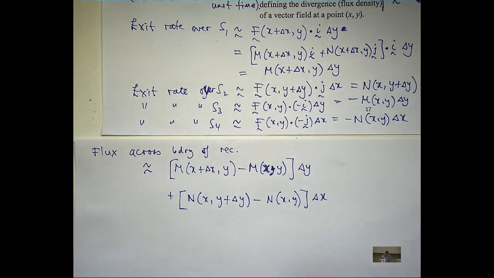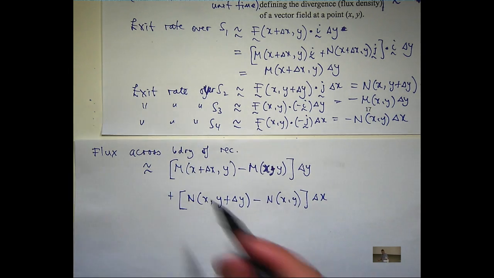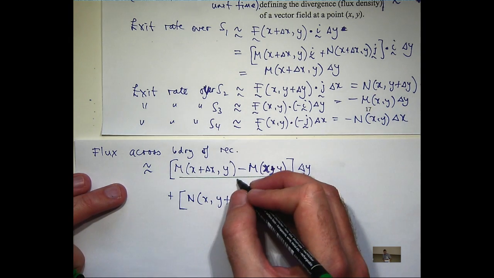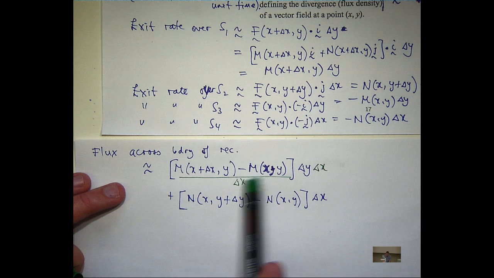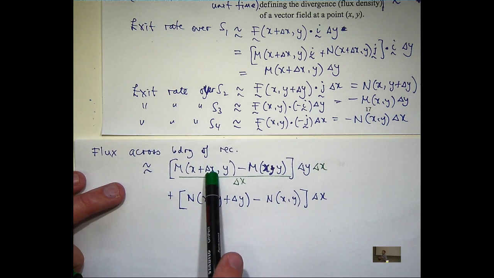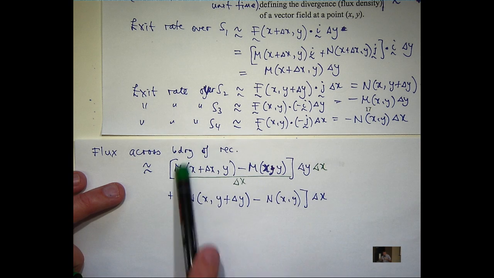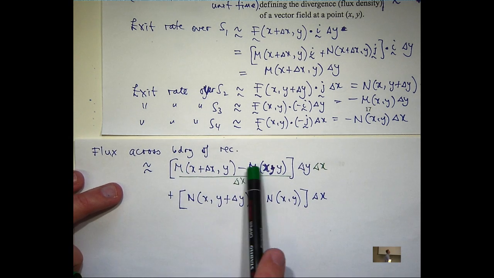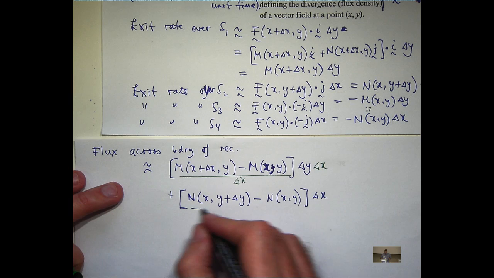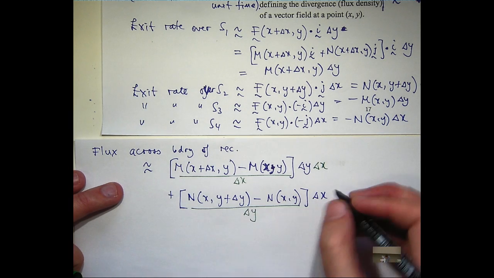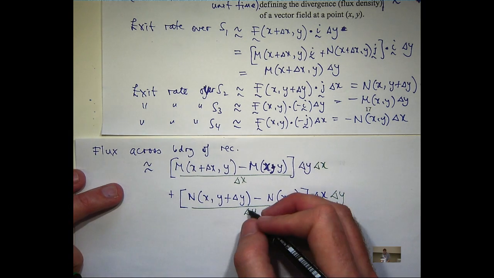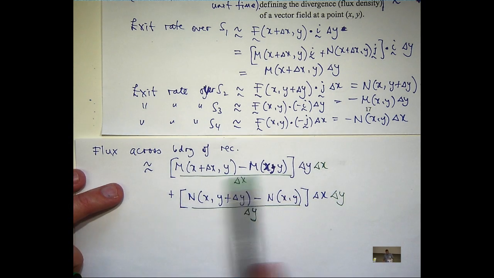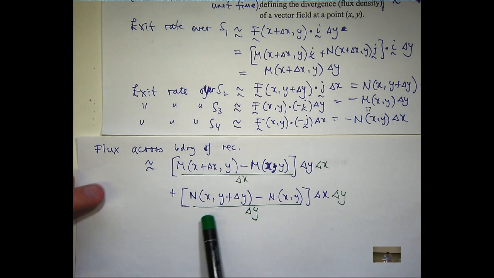then you can see, well, if I kind of divide and multiply, say in the first term by delta x, well, for delta x small, this is going to be approximately equal to the partial derivative of m with respect to x. And if I sort of insert a delta y into the second term, for delta y small, this is going to be approximately equal to the partial derivative dn dy.